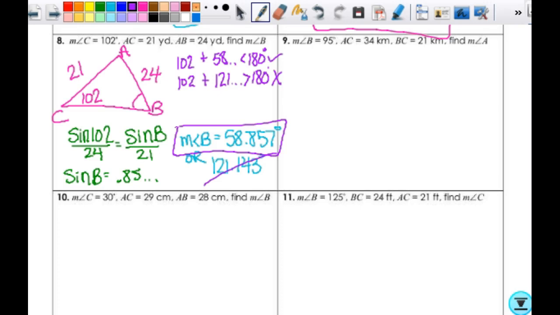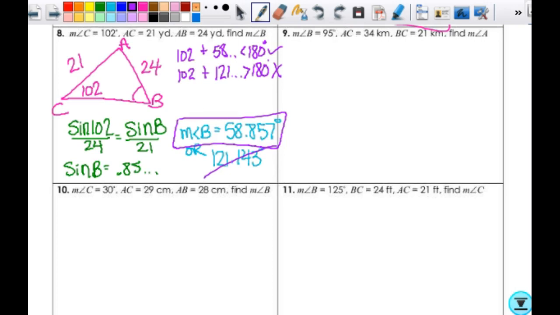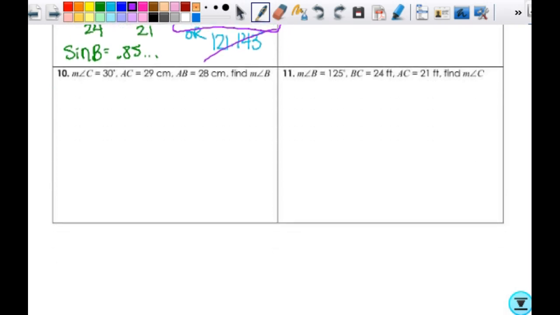Okay. We're not going to do 9 or 10, but we are going to do 11. Okay, so here's my triangle. A, B, C. Angle B is 125. My picture is really not to scale. BC is 24, and AC is 21.